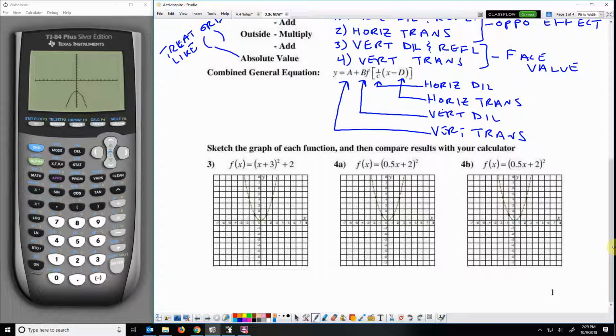Okay, so we are going to first list what things happen in the correct order and then try to graph. So first we look inside of the function. So that's right in here, and I see a +3, so I know the first thing is going to be shifting left 3 units. So I can take all of these coordinates and shift them 1, 2, 3 units to the left.